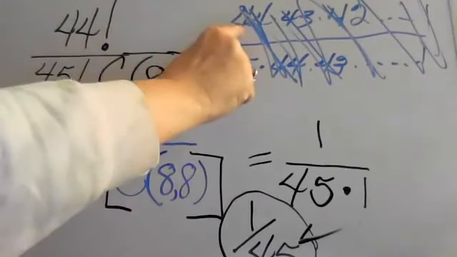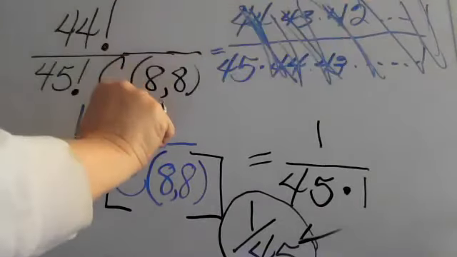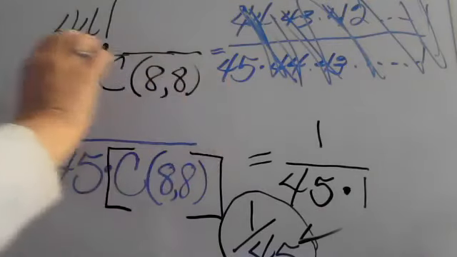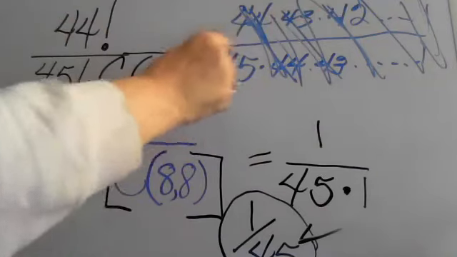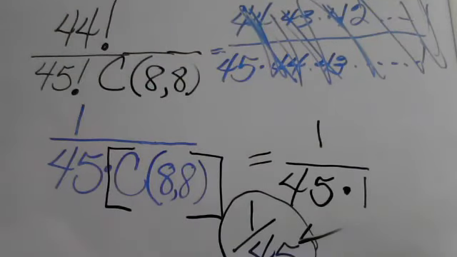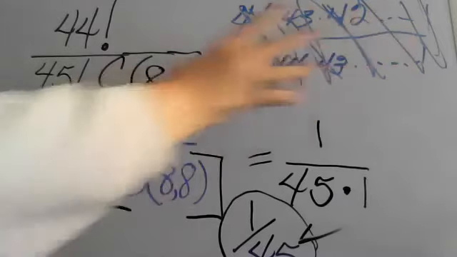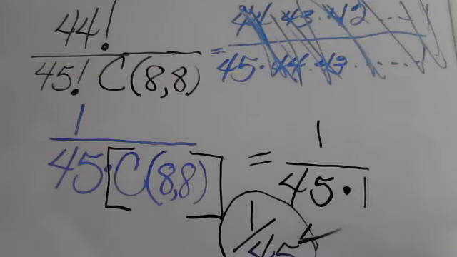We know 44 factorial is this. We know 45, when they're so close together, I would do something like this. It's only going to leave a number or 2 for you. This is a lot of help right here. And then you know how to find the combination in your calculator. So do them separately.